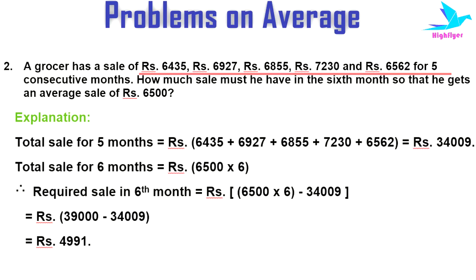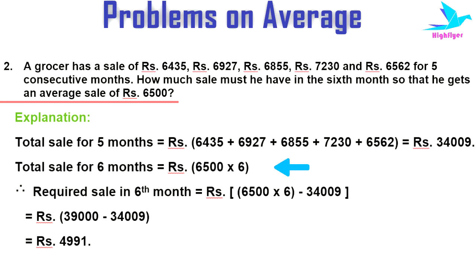Let's see how. To the question, total sale for 5 months will be equal to rupees 6435 plus 6927 plus 6855 plus 7230 plus 6562. That is equal to rupees 34009. Now as given that the required average sale for 6 months will be equal to 6500, that means total sale for 6 months will be rupees 6500 into 6.